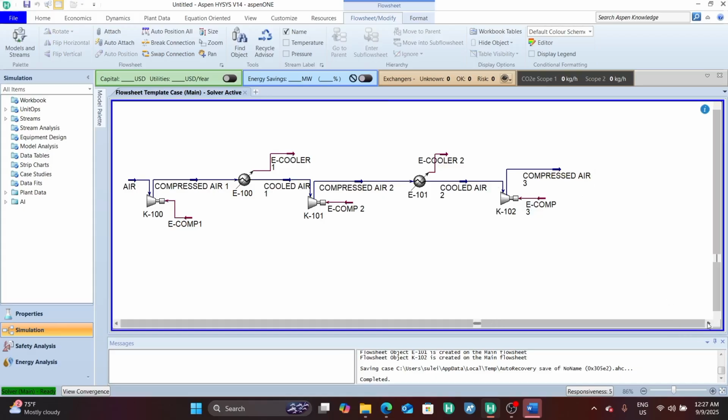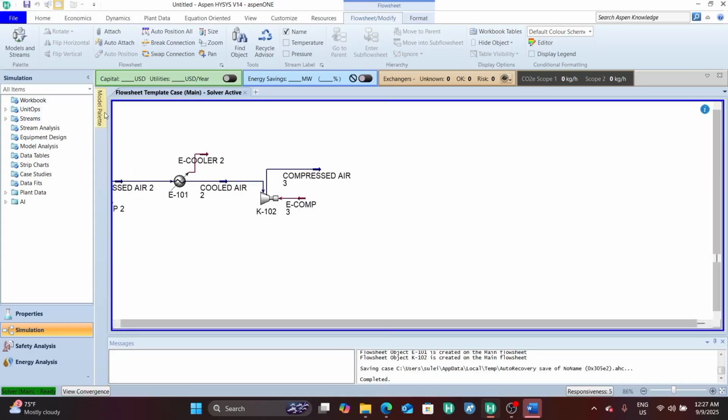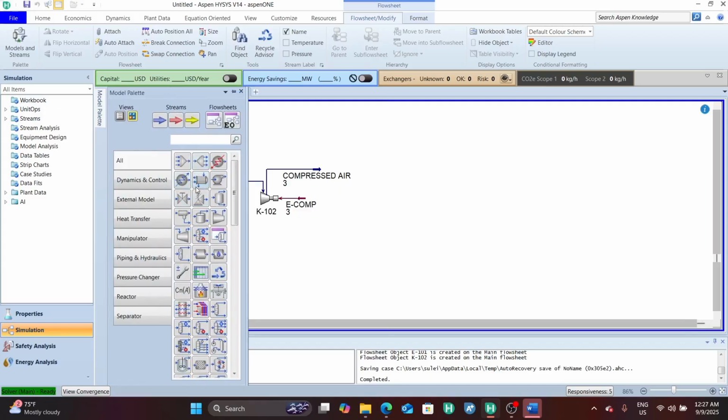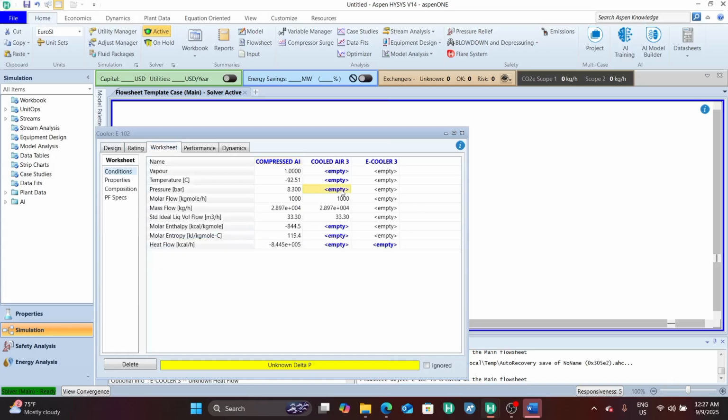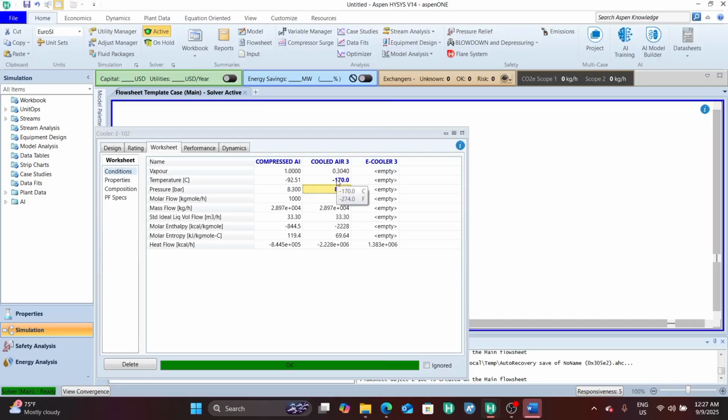And then move out, carry out cooling in E cooler B, cool air B. A pressure drop of 0.3 gives us 8 bar, and then let's situate ourselves at a temperature of negative 170 at 0.34 bar.